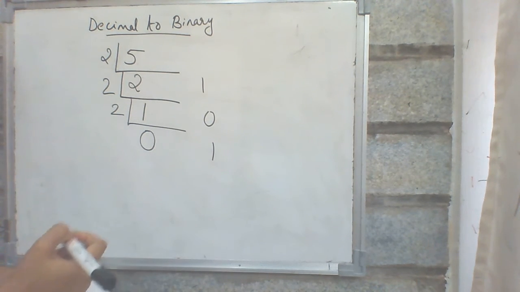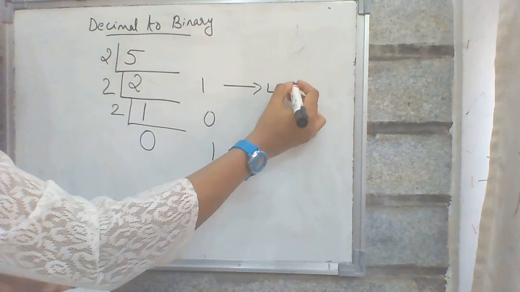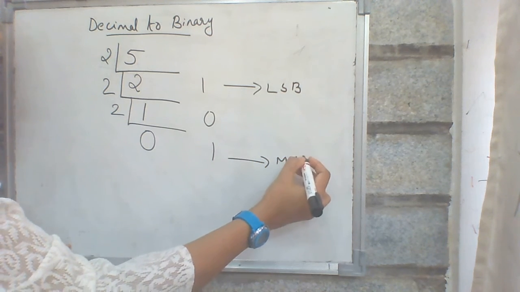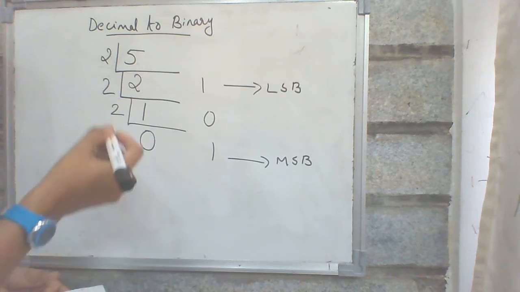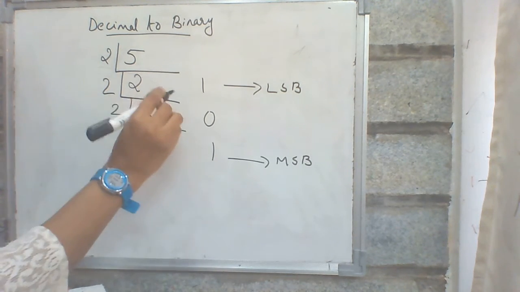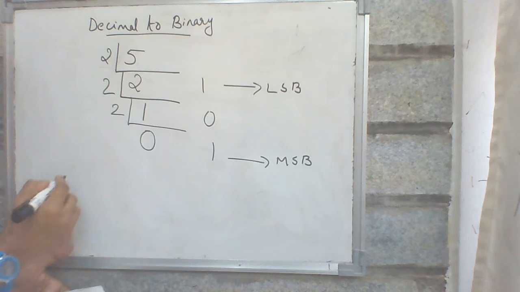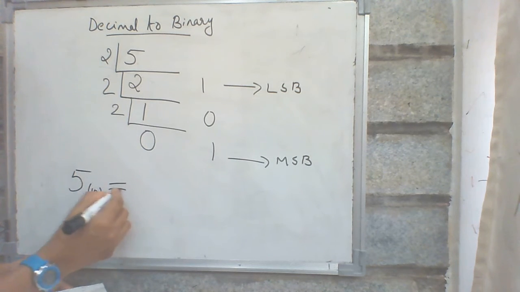Then the first remainder is LSB and the last remainder will be MSB. What are MSB and LSB? MSB is the leftmost bit and LSB is the rightmost bit. Then what is the binary conversion of 5?